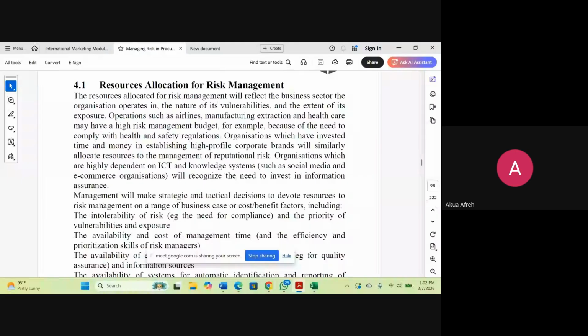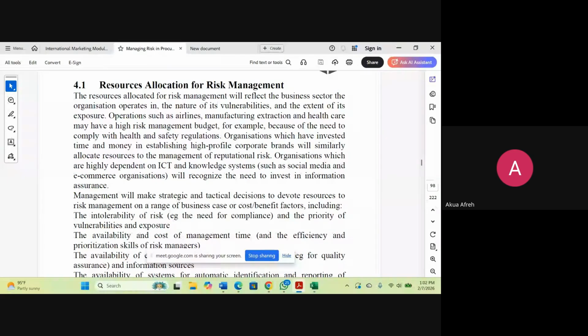We are trying to assign the various resources to manage and mitigate risk effectively. So the resources can be money, people, time, tools, equipment, and all that. So how are we able to assign these resources to manage and then mitigate risk?